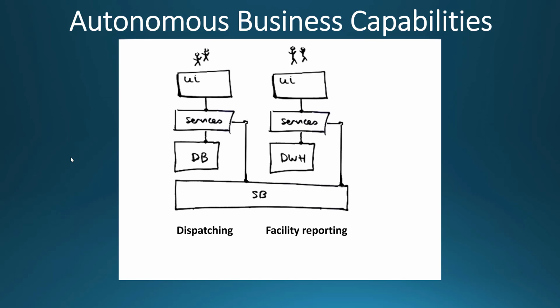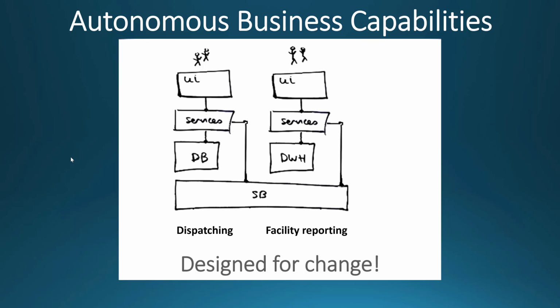And you can have a different team that deals with the data warehouse. And these systems are all connected by a service bus. So they can change independently and they can change internally as much as possible. And the only interface they have to the outside world is also standardized, which is the service bus interface.